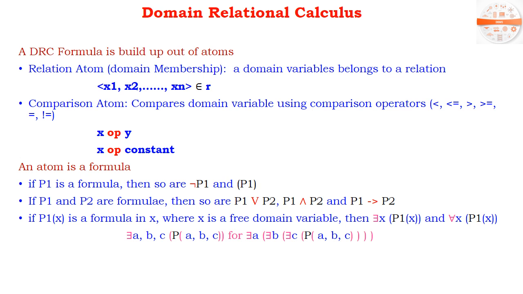So, for example, for there exists A, there exists B, and there exists C, P of A, comma B, comma C, the condition is true. I hope that you understood this concept.